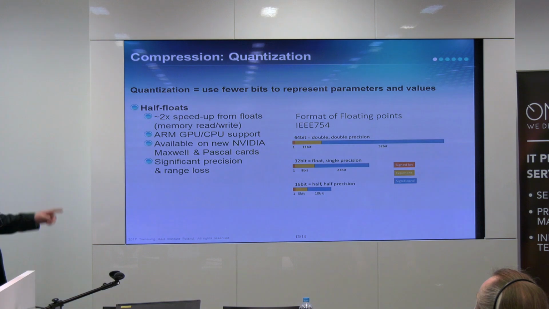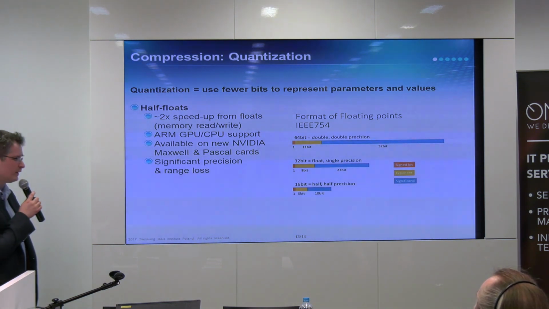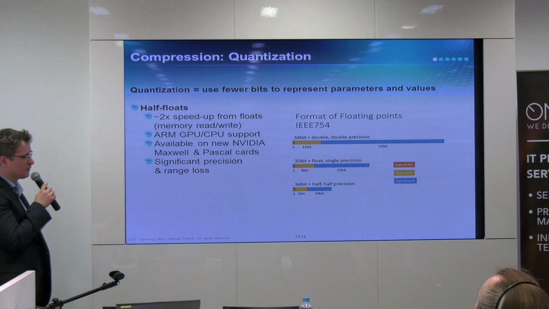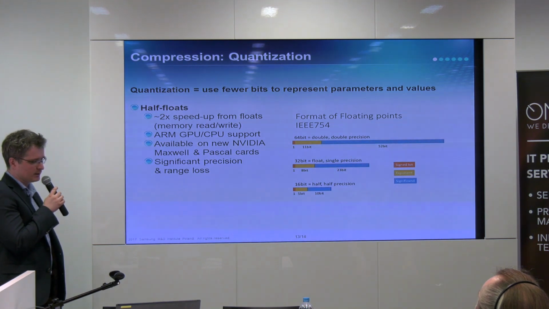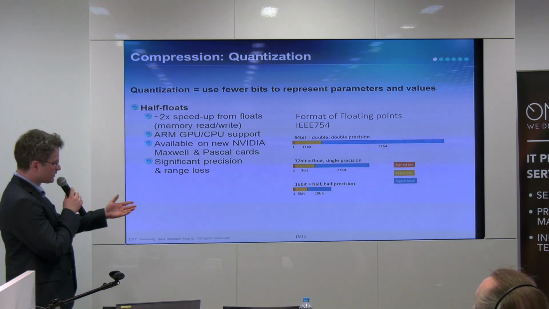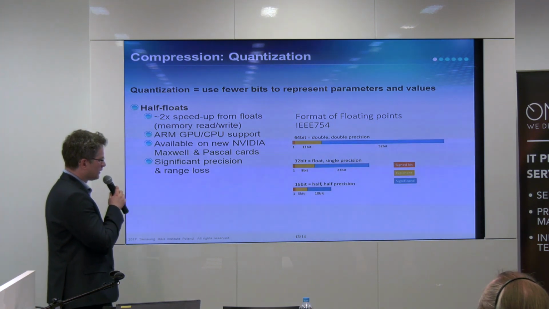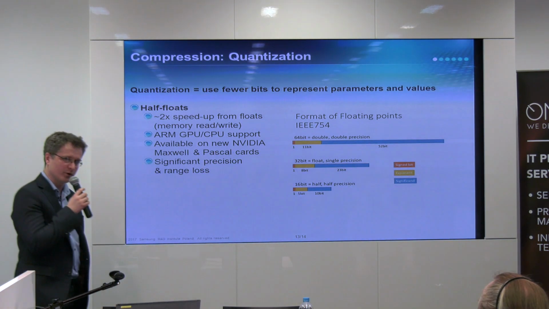So it's 64-bit. But for the purpose of neural networks, 32 bits is enough. Single precision is enough. And as a matter of fact, most frameworks for deep learning use 32 bits. There is also a half-precision representation. Okay, but the problem is we really have very low precision, only 10 bits for the precision. We have a reduced range.